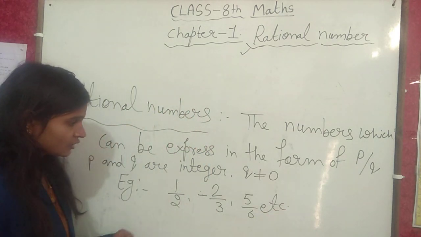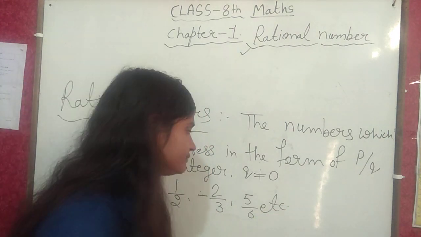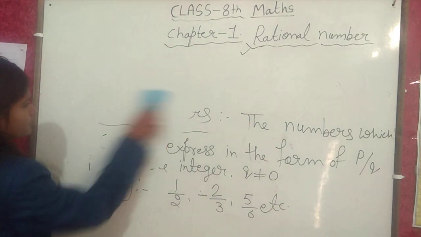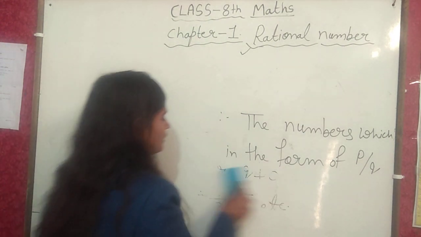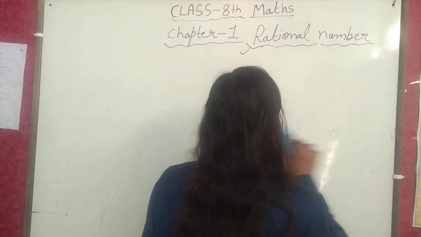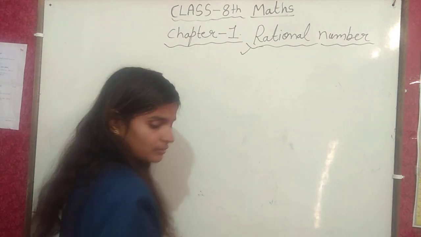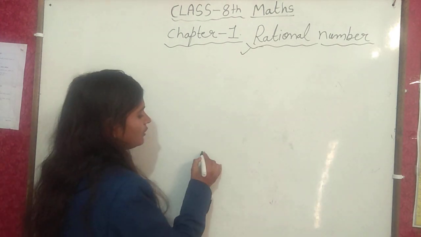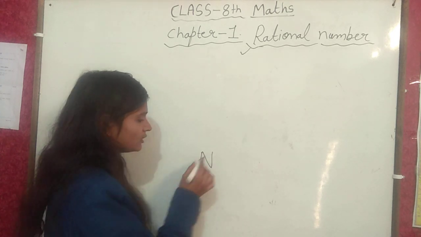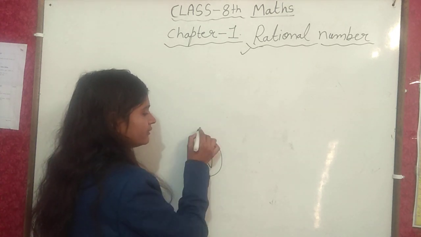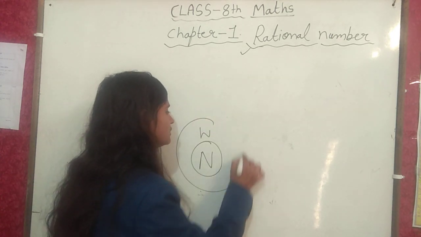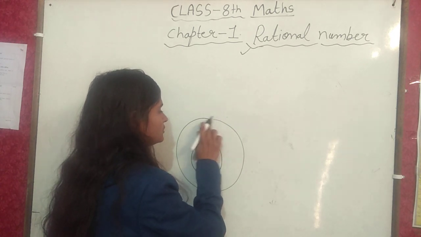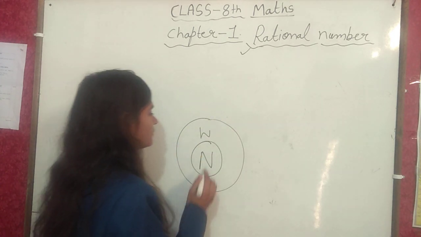Okay, so in the number system, we have extended the number system. How? First of all, we learned about natural numbers. After that, we learn about whole numbers, and natural numbers are included in whole numbers.